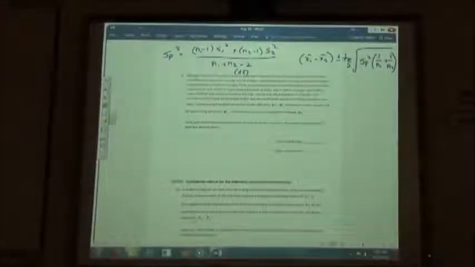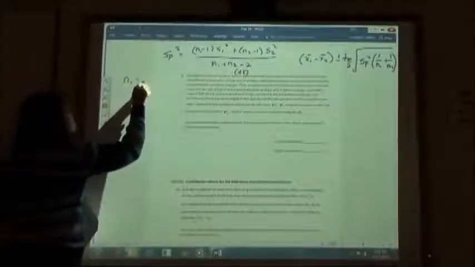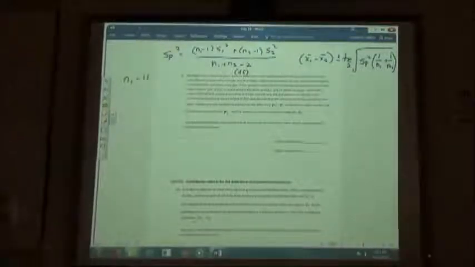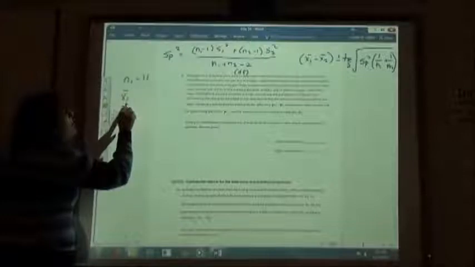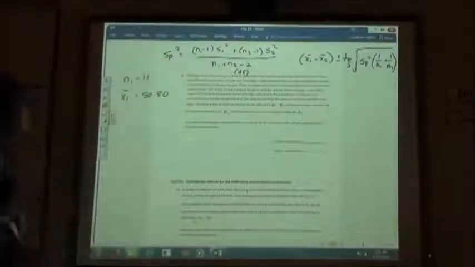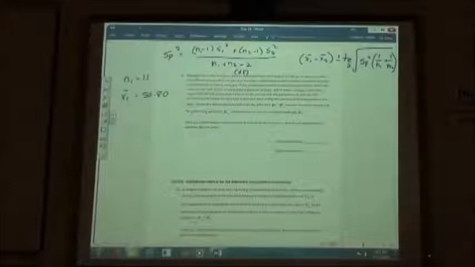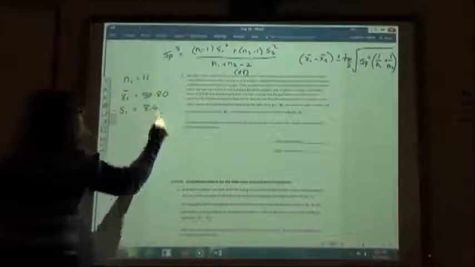These samples consisted of 11 plants using electricity, so n1 is going to be 11, which had a mean cost of $50.70, so x bar 1 is my mean cost, and a standard deviation of $8.67. So s1 is going to be $8.67.